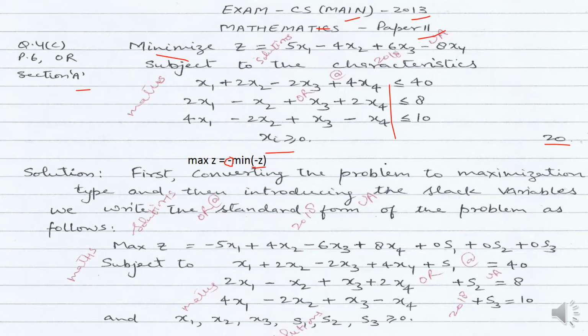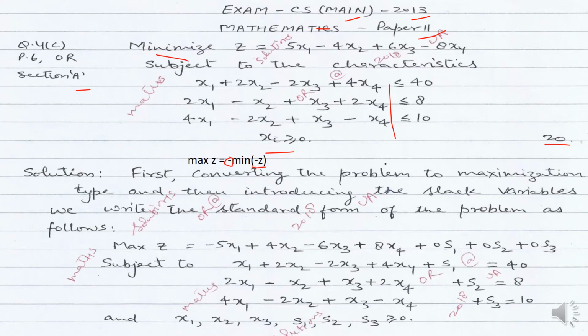So maximize z is equal to minus 5x1. See here I have changed the sign of 5x1 to minus 5x1, so all variables will have their signs changed. So plus 4x2 minus 6x3 plus 8x4 and plus 0s1 plus 0s2 plus 0s3.